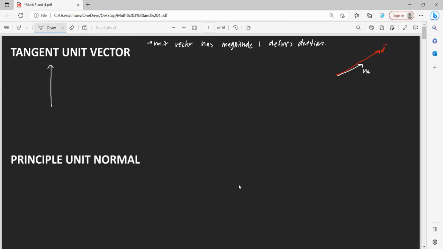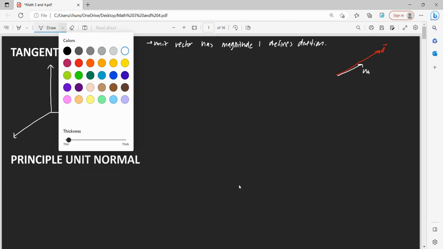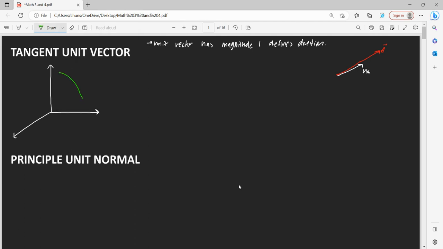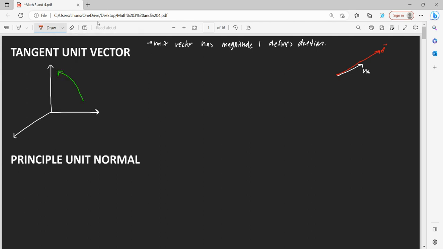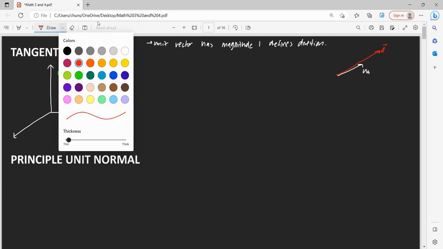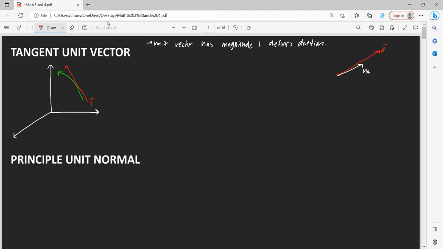a tangent unit vector, as the name implies, is tangent to a space curve C. So if I gave you this space curve right here in this direction, your tangent unit vector is going to be tangent to a point on the space curve. So there's two ways we can define this value.